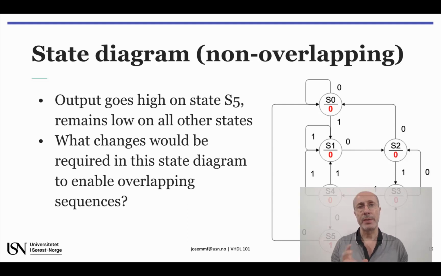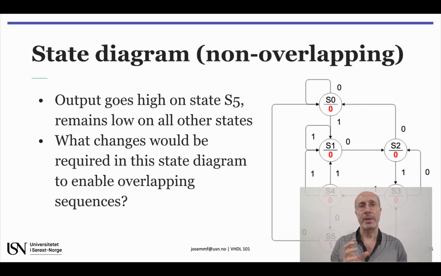We describe this state diagram as follows. If we are in state S0, then the output will be 0. And at the next rising edge of the clock, the circuit will remain in the same state if the external input is 0, or move on to state S1 if it is 1. You may wish to pause the video at this point and make sure that you understand what happens in each of the remaining states.